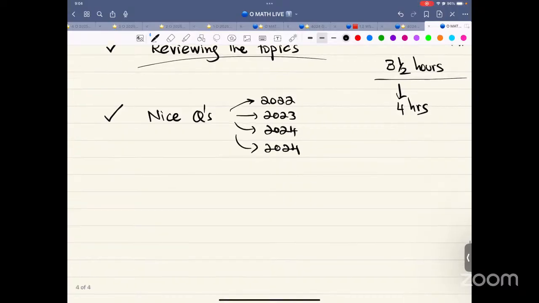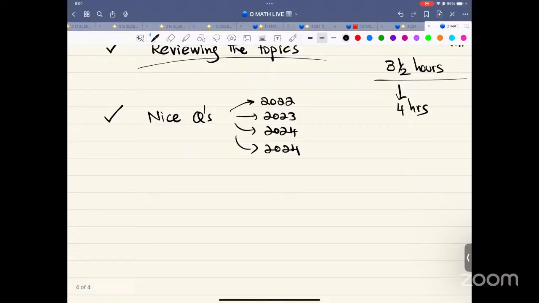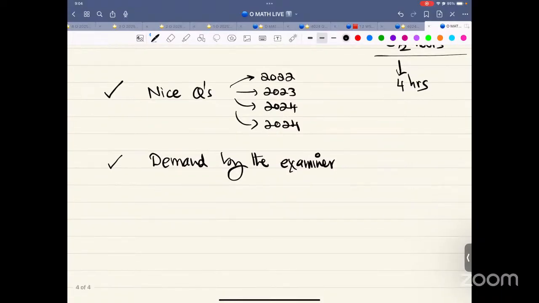Nice questions from these, and then focusing on the demand by the examiner. The examiner has set up a paper and there is a certain demand of that paper. So what exactly is the examiner asking for?